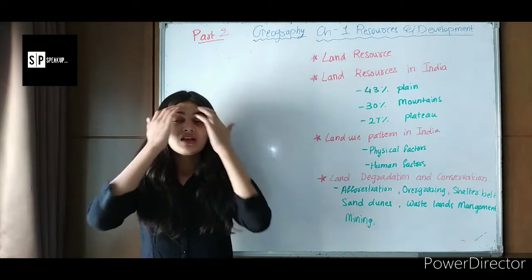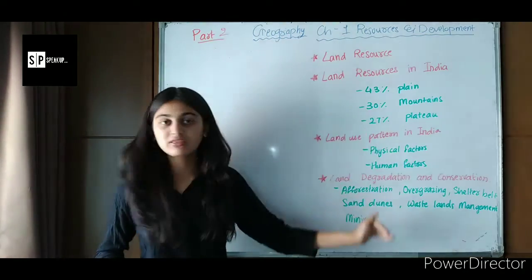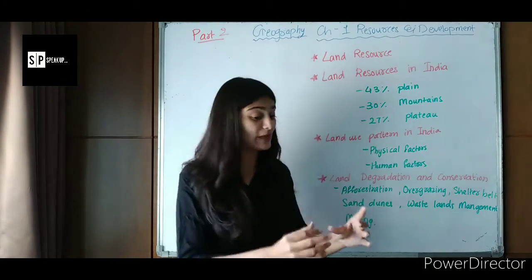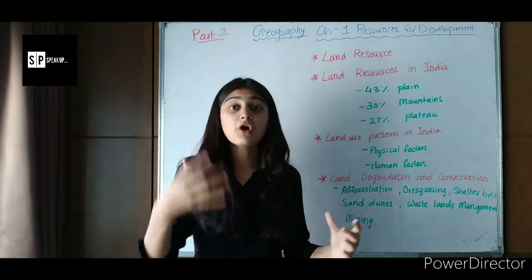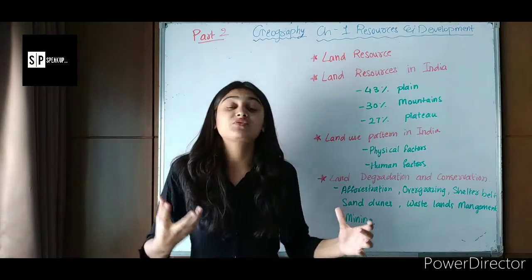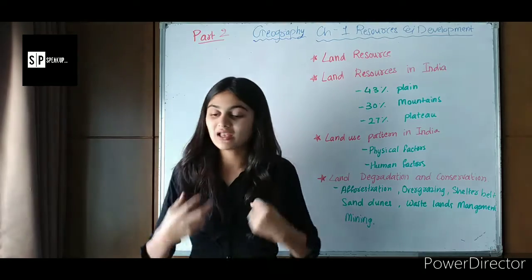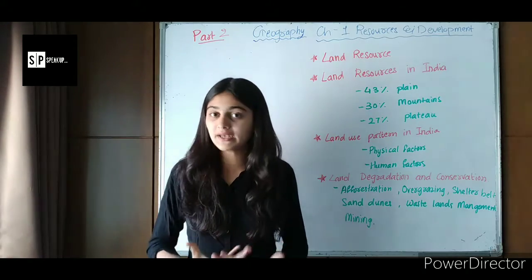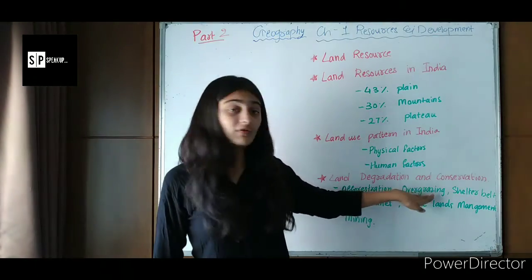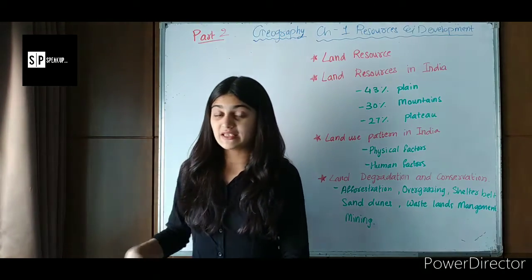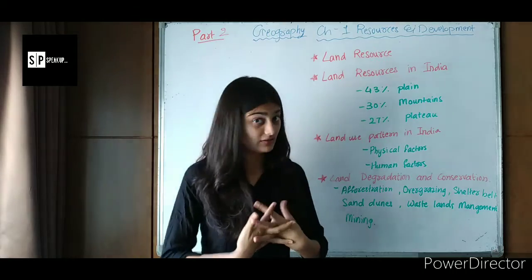Let me explain all these things briefly. Now what is afforestation? Afforestation means planting trees or building forest. That would prevent soil erosion, and that's why the land would not be degraded. Then comes overgrazing. By reducing overgrazing, we can conserve our land resource.